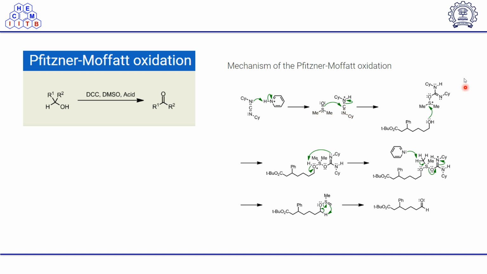So this particular species is highly reactive and it is attacked by this alcohol. Then the rearrangement will give the alkoxysulfonium species, which decomposes to give this dimethyl sulfide and this carbonyl compound.